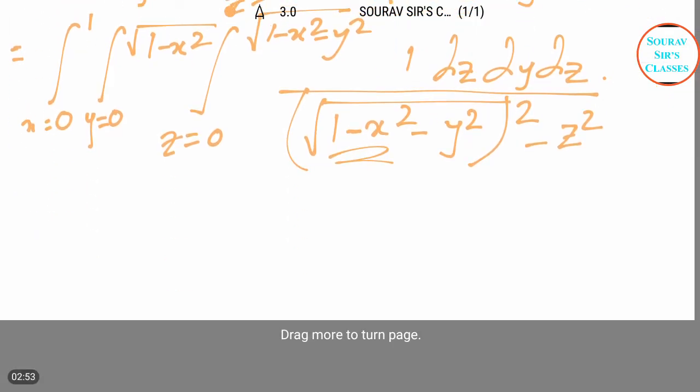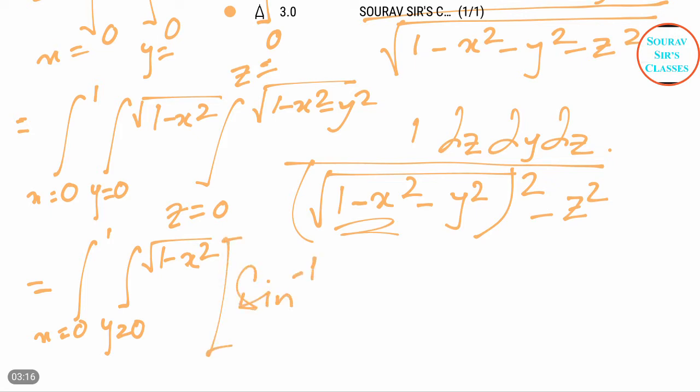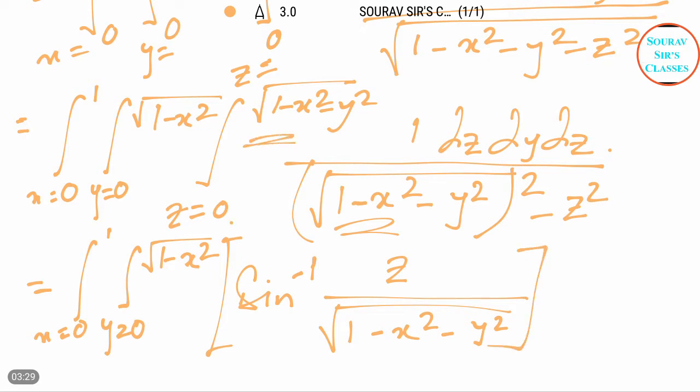Now that is equal to, we can again write, integration of x equals 0 to 1 and integration of y equals 0 to root over 1 minus x square, and then we can write it as sine inverse of z by root over 1 minus x square minus y square, and we are putting these limits here.